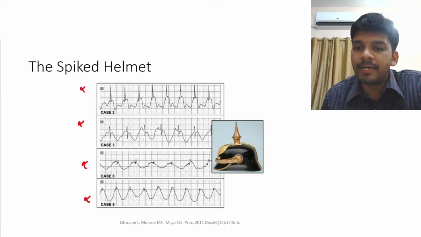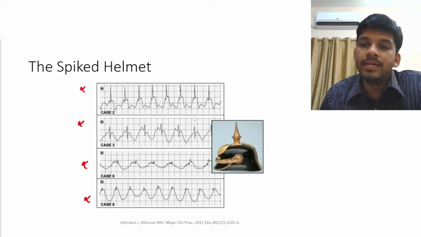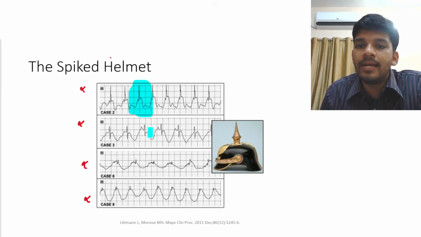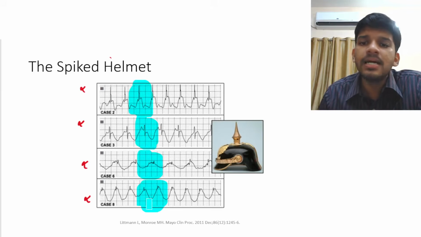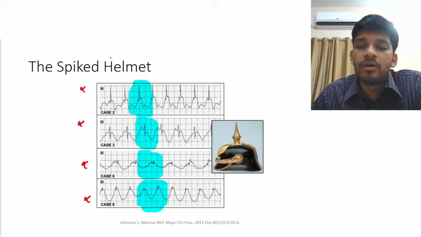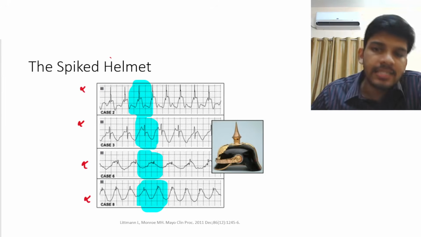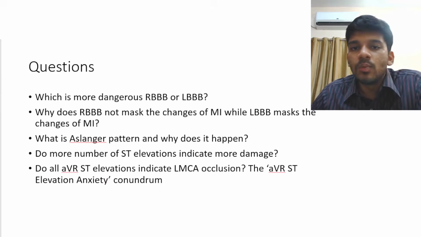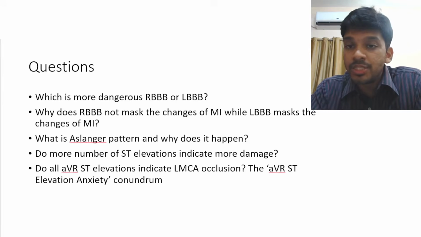It resembles the spiked military helmet used by the Prussians, the German military, and that's why it's called the spiked helmet sign. It indicates there is no occlusion of the artery. You should not take the patient for PCI. In fact, it is due to the critical illness, and there is definitely a high risk of in-hospital death, but it is an STEMI mimic artifact.